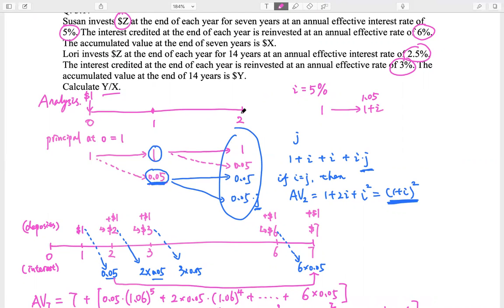And if you have the third year, you can still continue, right? So only the first one, only the principal one, the horizontal. So basically what I mean is the horizontal part is somehow the principal, and the dotted line with angle is how you calculate interest, right?